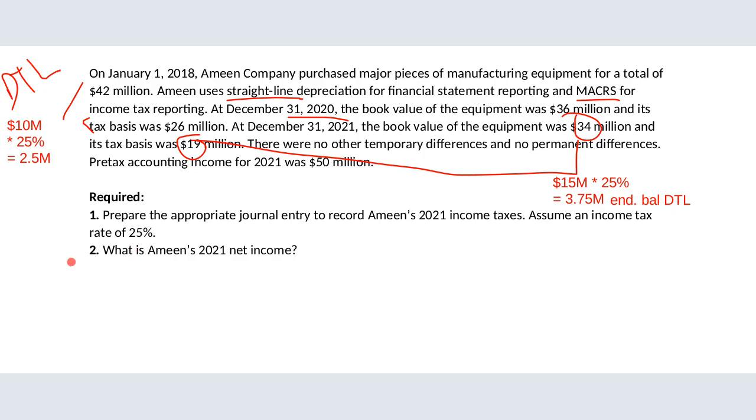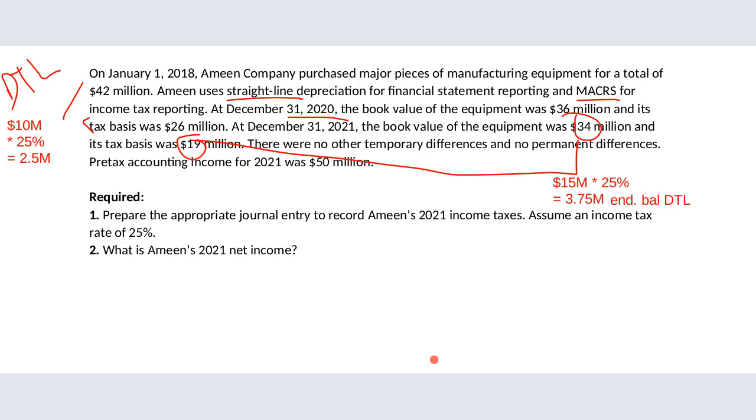Okay. So, and we also need to calculate pre-tax accounting income of 50 million. And were we given taxable income? No taxable income. Okay, so it looks like we have to calculate our taxable income. So we're gonna start with pre-tax accounting income of 50 million.